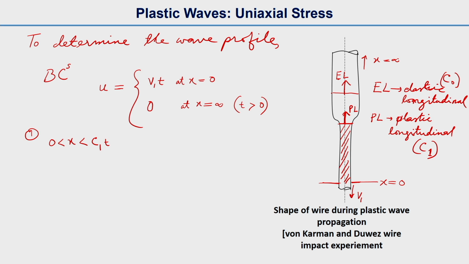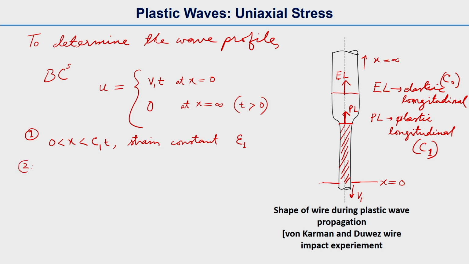So coming to this again, in the region 0 to C1t, the strain will be constant, denoted as epsilon 1.